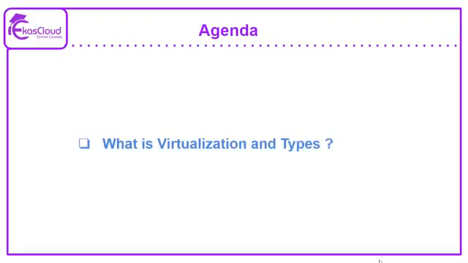And the next is, what is virtualization and its types. So first of all, in an on-premises environment, in previous days, everyone was using physical devices. In IT environments, things are developing more and more every day.